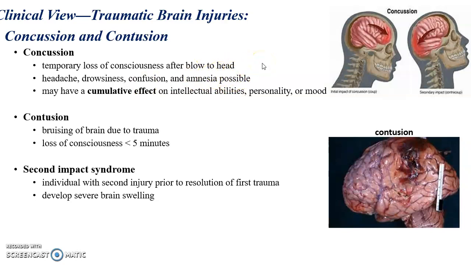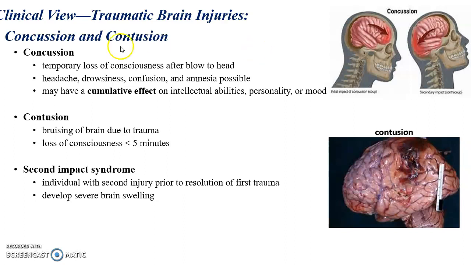The amnesia could be long-term or it could be very temporary. Also, while a single concussion is usually something a person recovers from fully, having many concussions over a lifetime can lead to a cumulative effect, which leads to severe permanent injuries to intellectual abilities, personality disorders, mood disorders, and may cause some other more severe brain disorders.